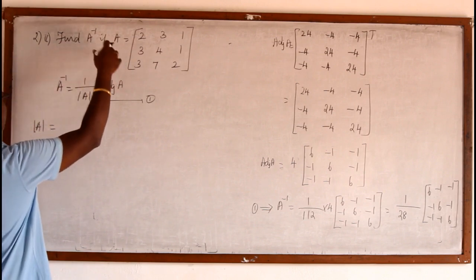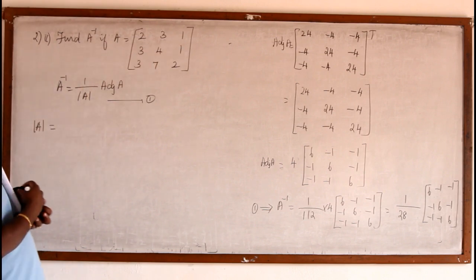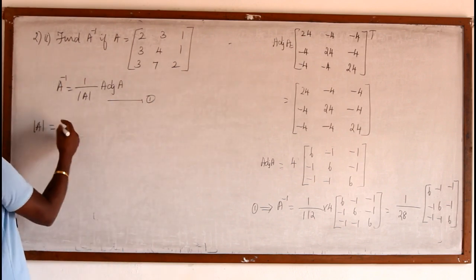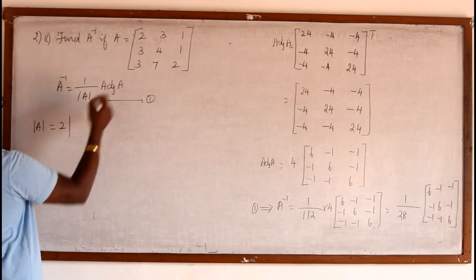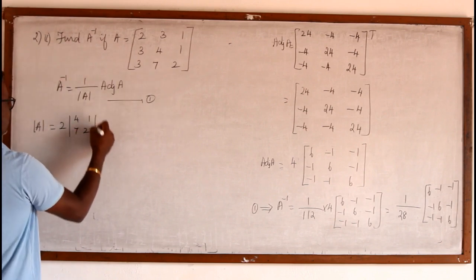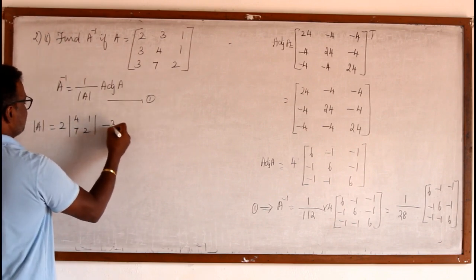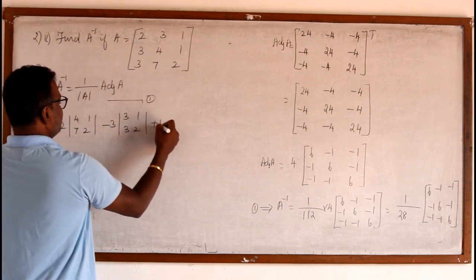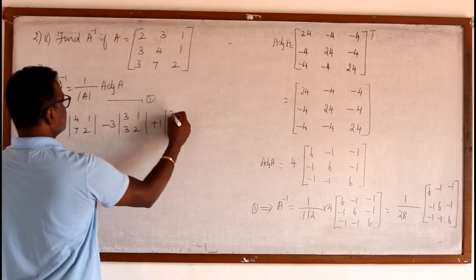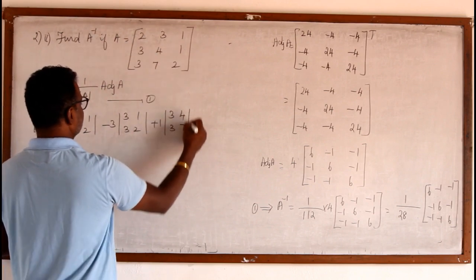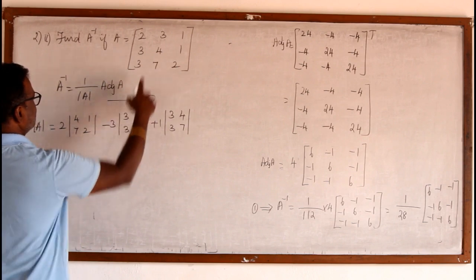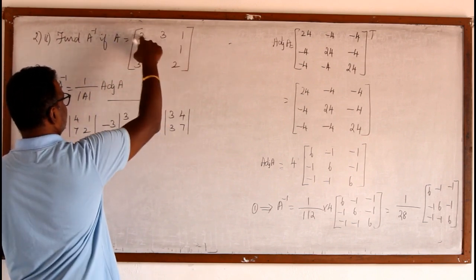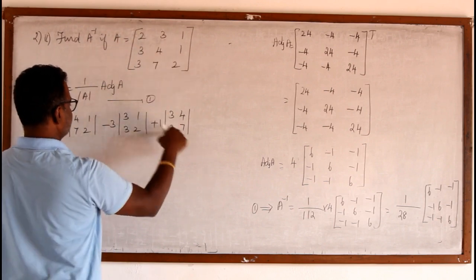Determinant of A means expand always along row 1, because that will be useful to find the adjoint. So you write the expansion: 2 into, omit the row and column of 2, 4 1 7 2. Second element sign must be changed, so minus 3 into 3 1 3 2, plus 1 into, omit the 1, 3 4 3 7.